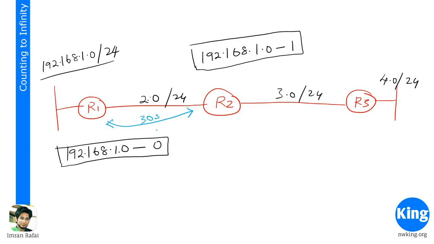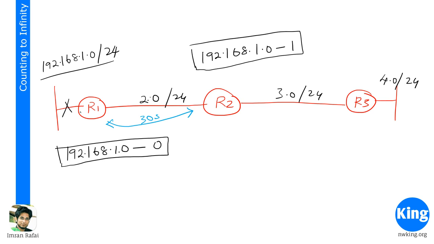Now let's assume a situation where this link breaks. So R1 had access to 192.168.1.0 and now it does not have access. At the same time, R2 sends an update to R1 saying that 192.168.1.0 is available to me at a hop count of 1.